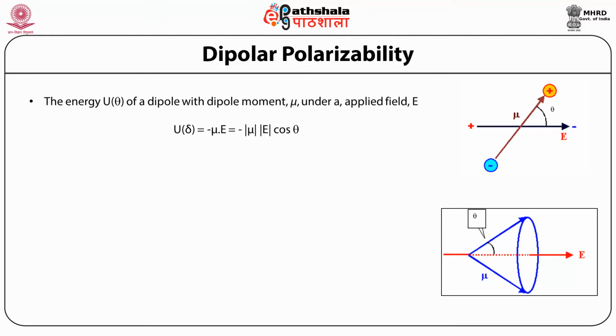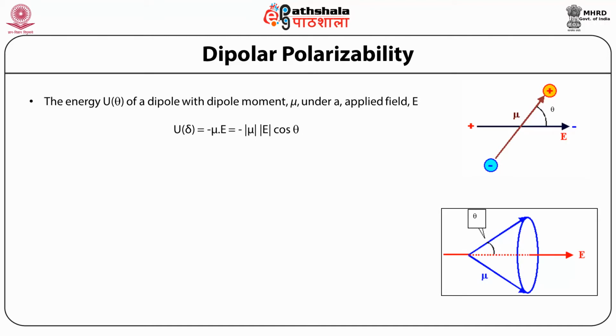So now what it means in the 3D world is that we would have a cone of dipoles having an angle theta around the applied field E, which points along the axis of the cone, as shown in this figure. So the total internal energy of the whole material would be the sum of internal energies of all these cones.